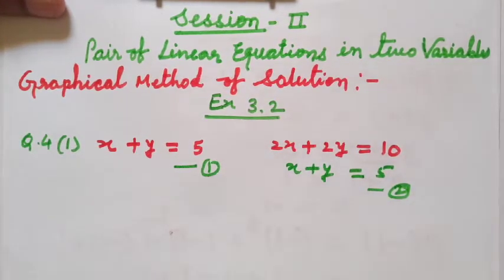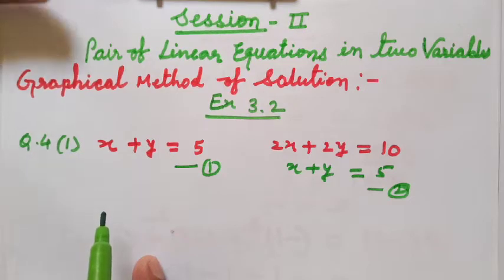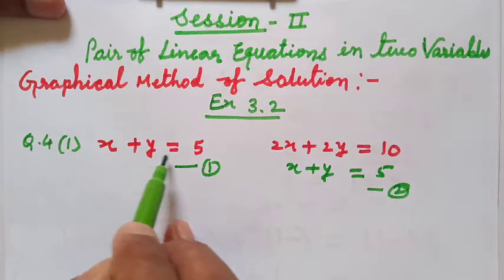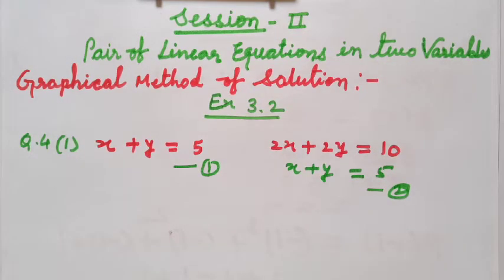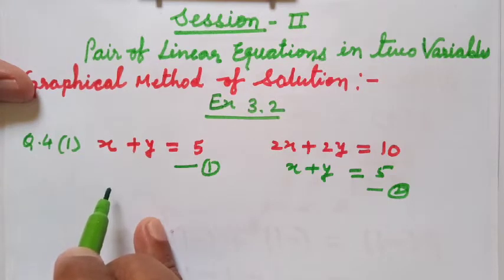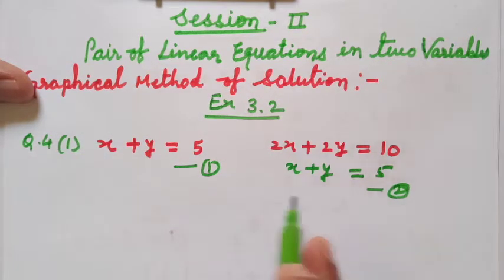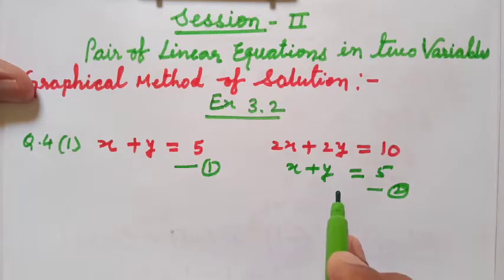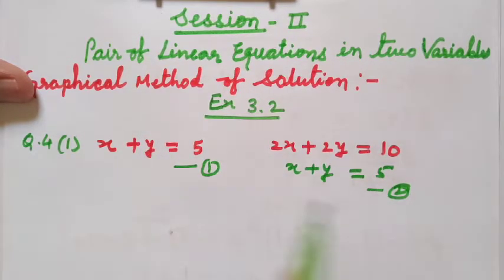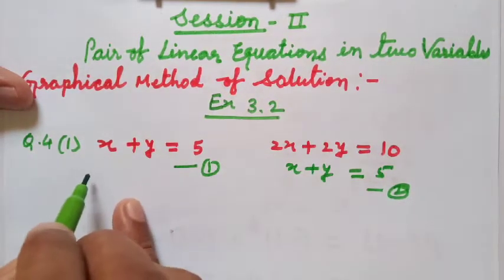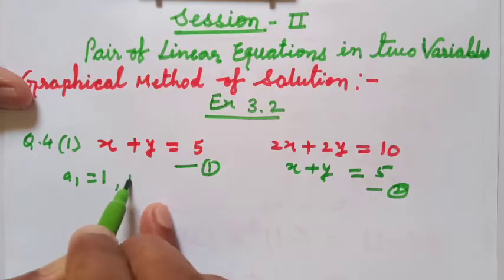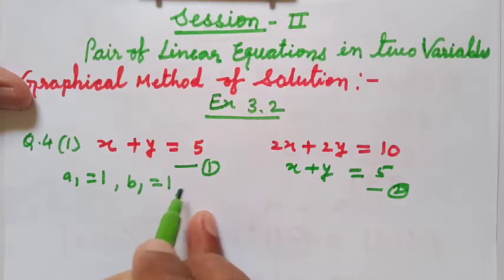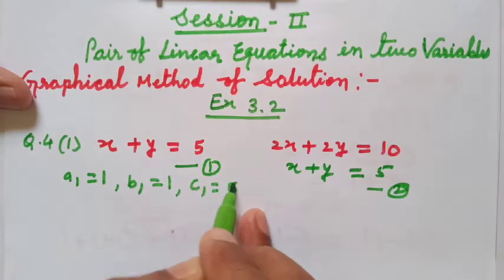In both equations you should observe x plus y is equal to 5 and x plus y is equal to 5. It means the same equations are here. It means the values of a1 and a2 are equal, b1 and b2 are equal, and c1 and c2 are equal. Just see here, a1 is equal to 1, b1 is equal to 1 and c1 is equal to 5.